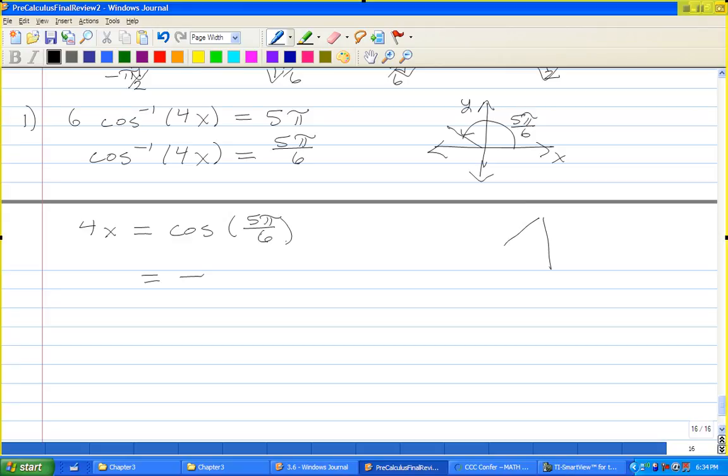And let's see, this is pi over 6, pi over 3, 30, 60, 90 triangle. And so cosine is 1 over 2. So x is negative 1 over 8.